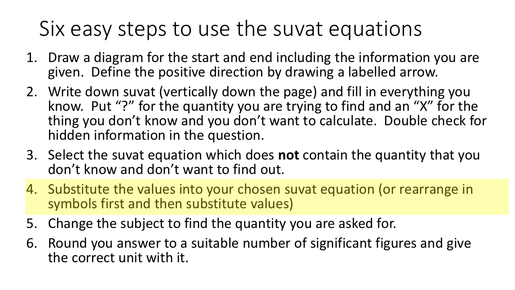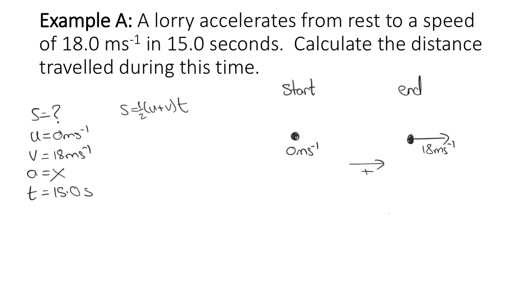Step 4 is to substitute the values into your chosen equation. s is what we were trying to find, so we would still write s equals, and then we've got our half times u, which was 0, plus v, which was 18, multiplied by the time, which was 15.0. And now we can put all those numbers into the calculator and we'd get 135 meters.